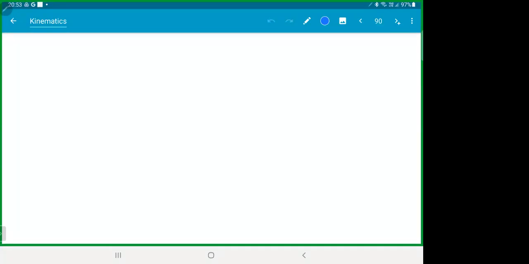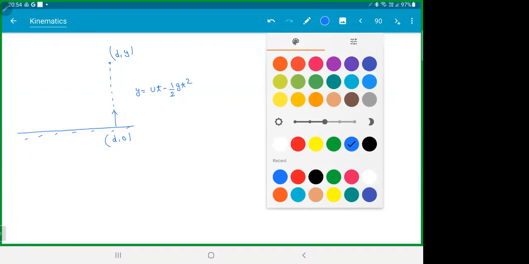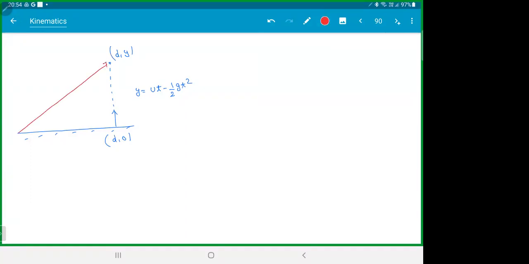See, first thing, the way to do this normally is brute force. You projected the particle. This thing goes up. So this coordinate would be ut minus half gt square, and this is (d, 0). So this coordinate will be (d, y). And this would be your r bar.